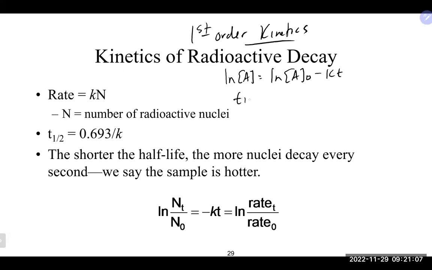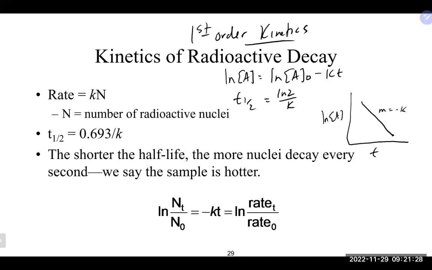The half-life is equal to the natural log of 2 over k. And that is our favorite graph ever, which is the natural log of A versus time yields you a straight line where the slope equals minus k. We remember all that stuff, I'm sure.